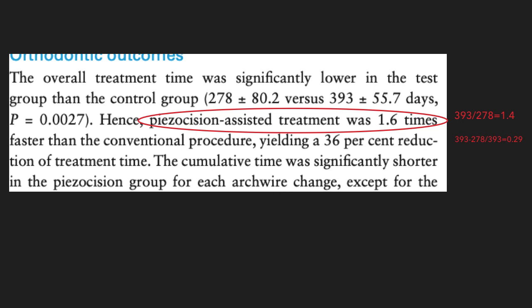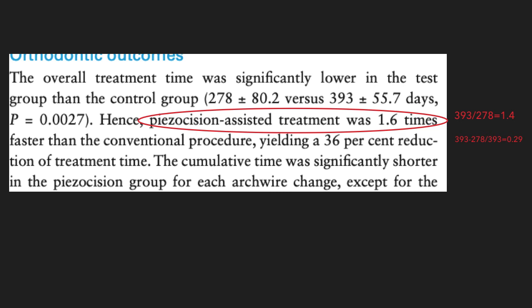Okay, we can calculate that if we divide 393 by 278, the result is 1.4.